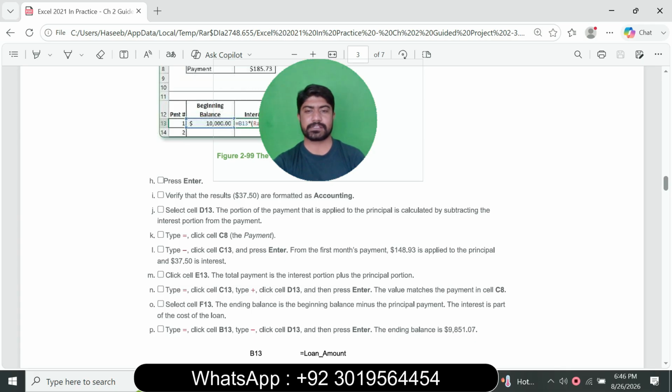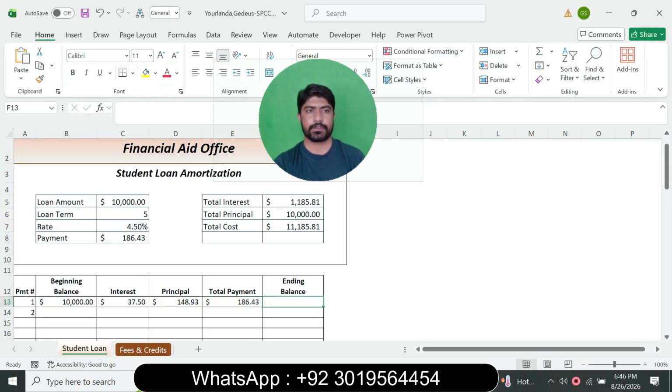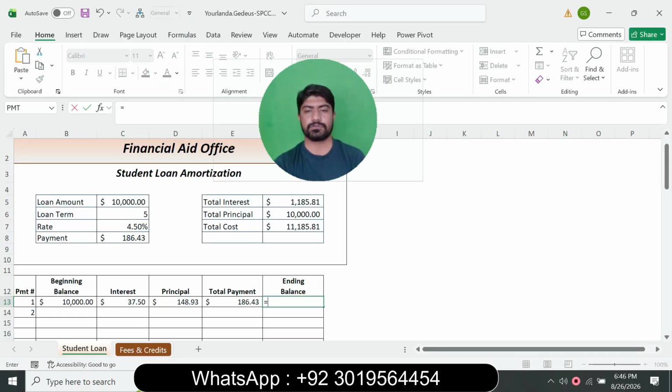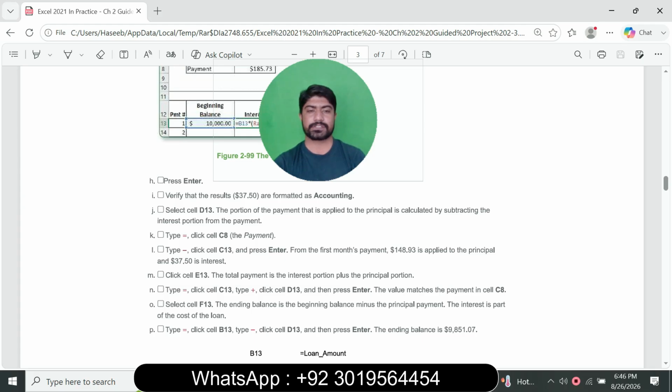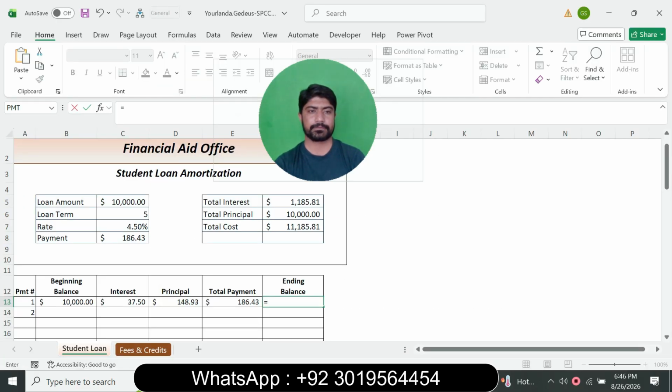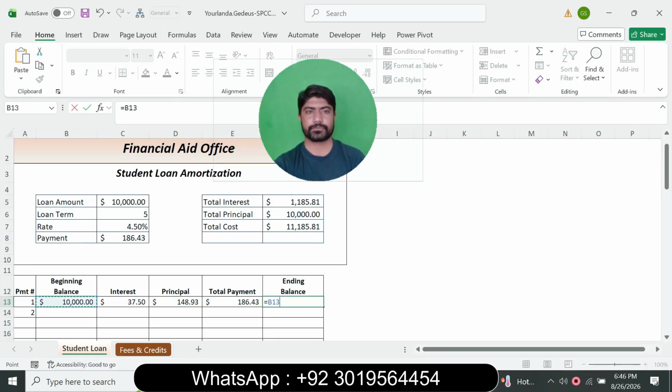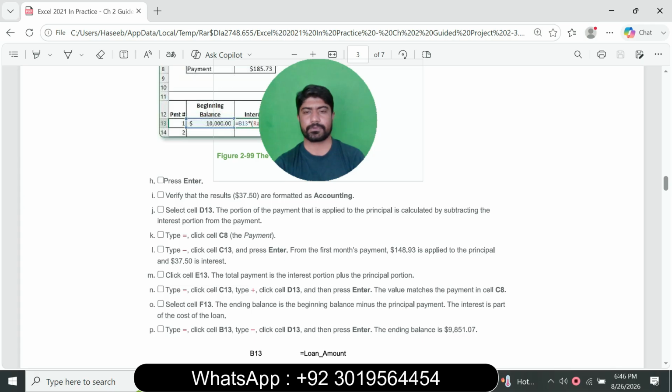So next select the cell F13, ending balance. The ending balance is the beginning balance minus the principal payment. The interest is part of the cost of the loan. Type equal to, click cell B13, minus D13, the principal, and press enter.